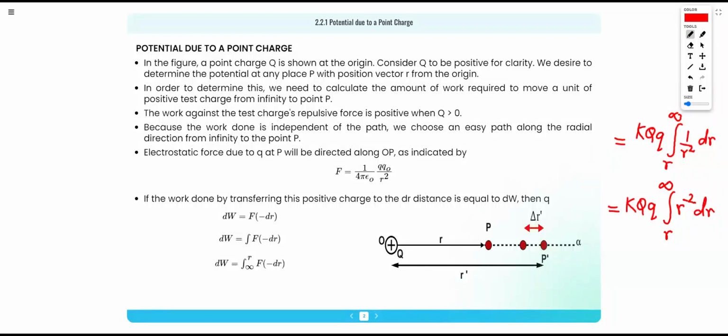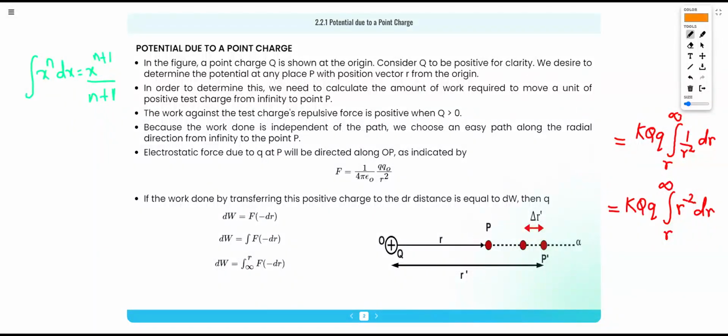Integration of r raised to minus 2 will be what? We have a standard formula for integration: integration of x raised to n is x raised to n plus 1 upon n plus 1. The same integrating formula I will use here.